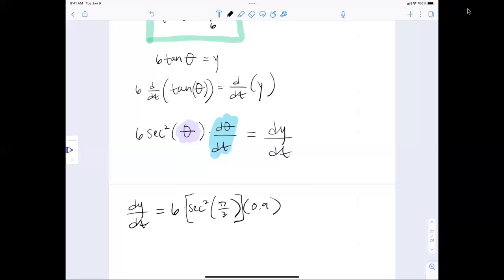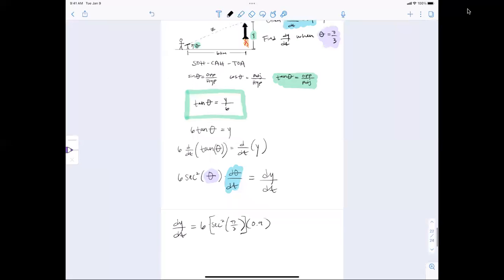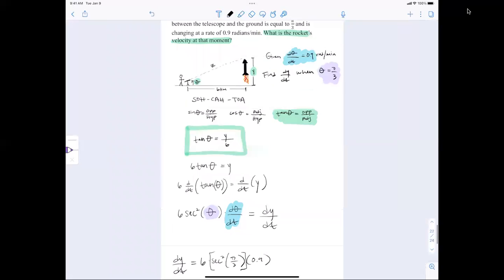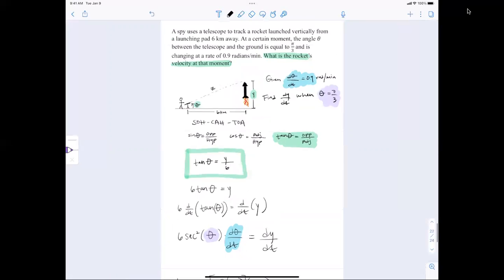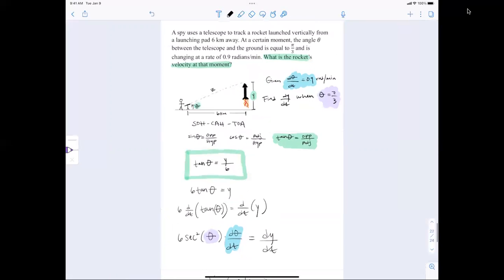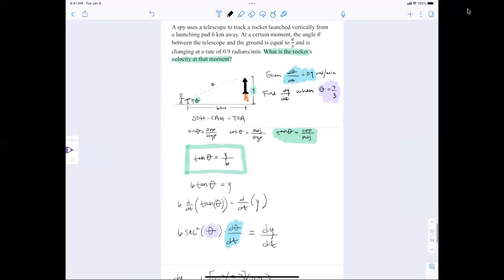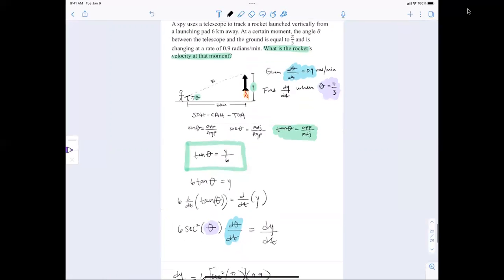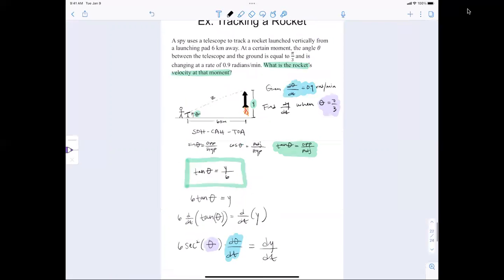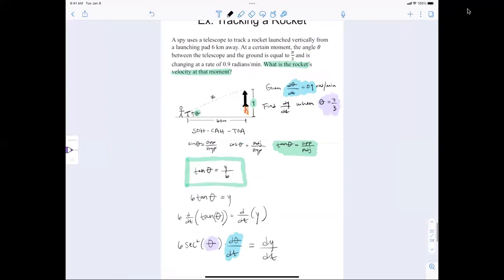Now, each step here for simplifying, we've technically represented the exact value for dy over dt, which the units on dy over dt will end up being kilometers per minute, because distance is being measured in kilometers based on the distance of the telescope to the launching pad.